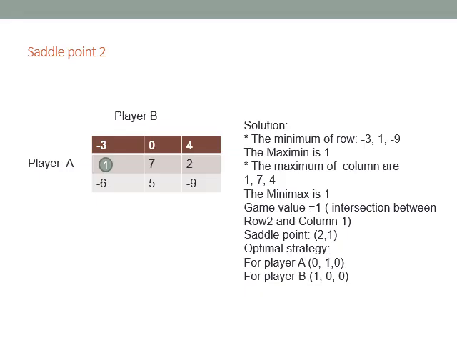This is the condition of saddle point. Each cell, let's calculate them. This matrix shows 9 squares or 9 cells. Each cell contains one outcome: -3, 0, 4, 1, 7, 2, -6, 5, -9. These are outcomes.